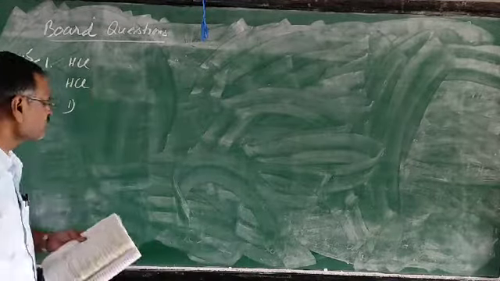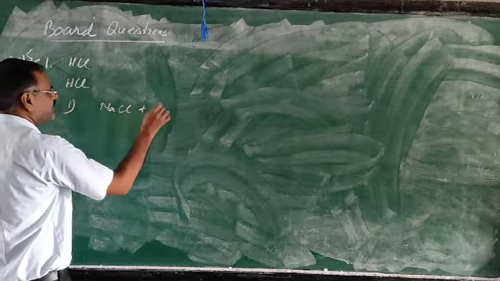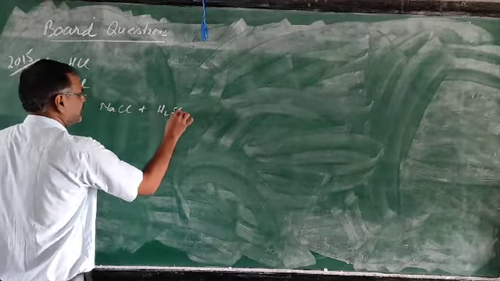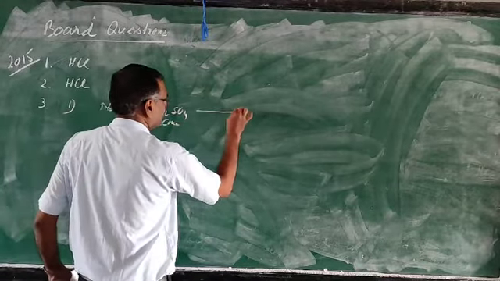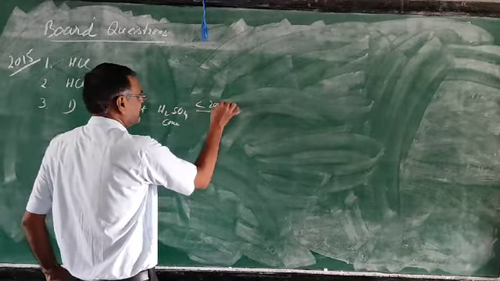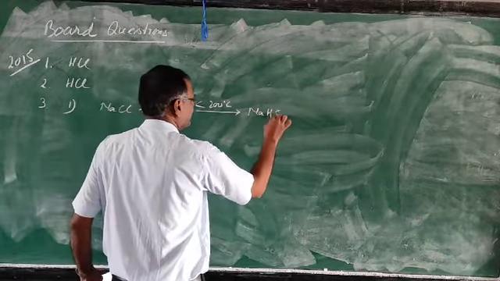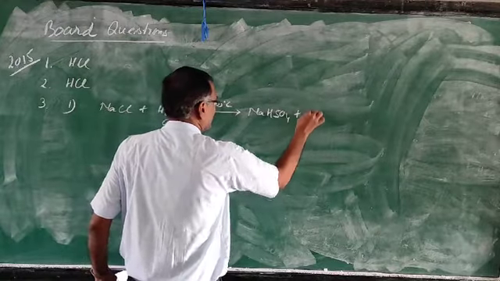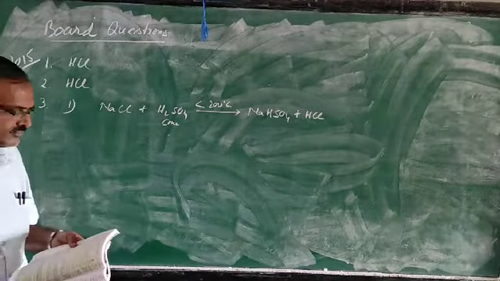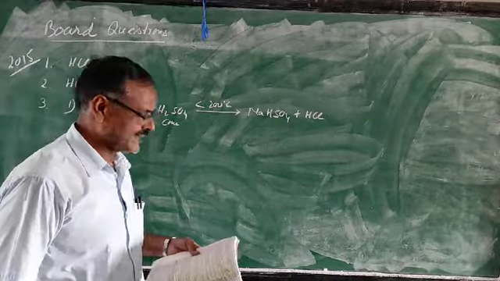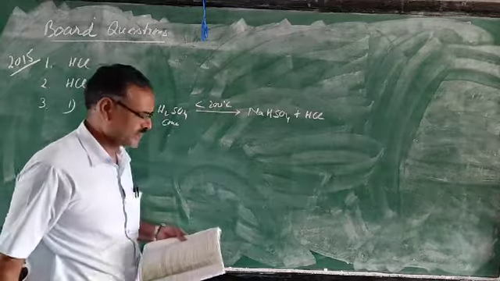So sodium chloride reacts with concentrated sulfuric acid below 200 degrees Celsius. This will form NaHSO4 and HCl. The condition is below 200 degrees Celsius.